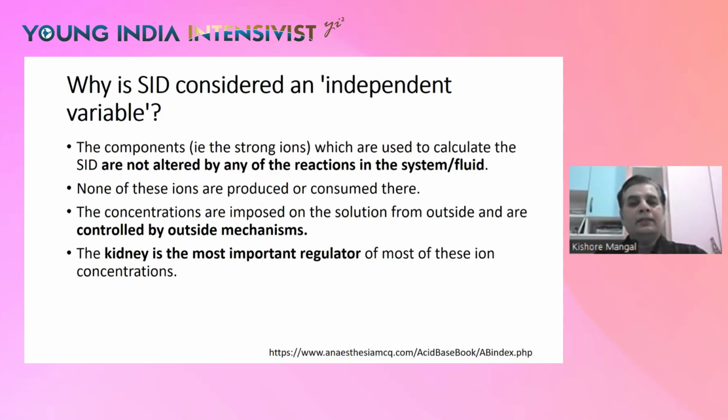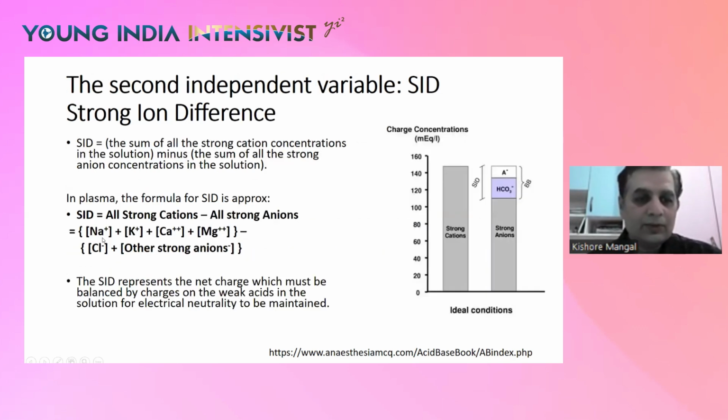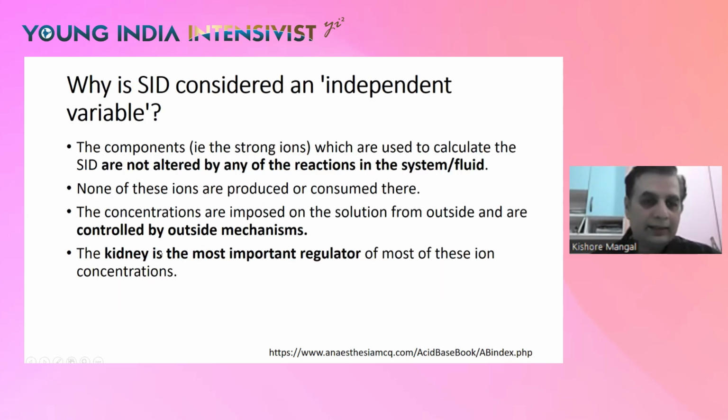Again, for a variable to be independent, it has to be controlled from outside the system rather than the local fluid. Okay. So if we go into all the things like sodium, potassium, calcium, magnesium, chloride, and lactate, none of these ions are produced or consumed in a particular fluid. And the concentrations are imposed on the solution from outside and also controlled by outside mechanisms.